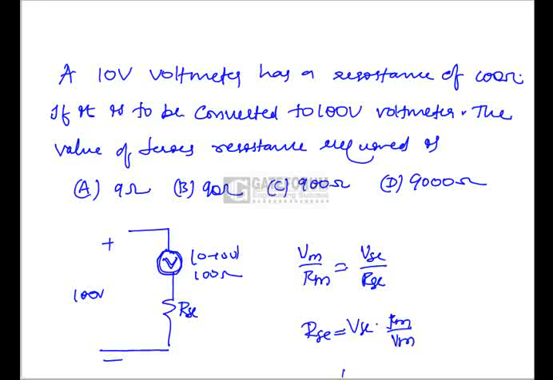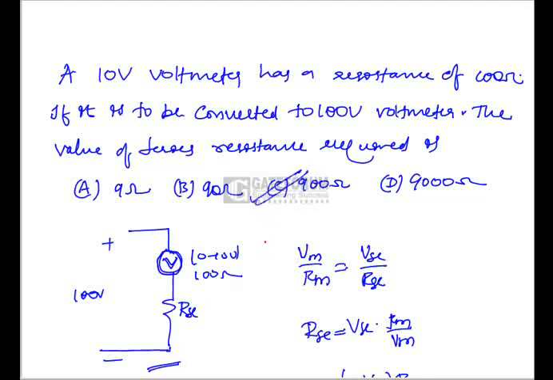I can write Vsc as (V minus Vm) into Rm by Vm, which is 90 into Rm value. The meter resistance is 100 ohms, and the voltmeter range Vm is 10. We have to connect 900 ohms in series with the voltmeter.